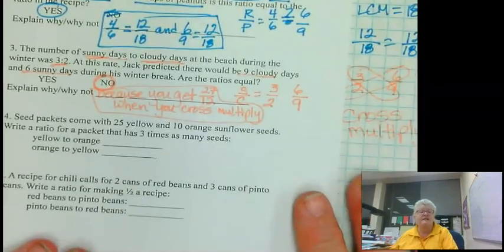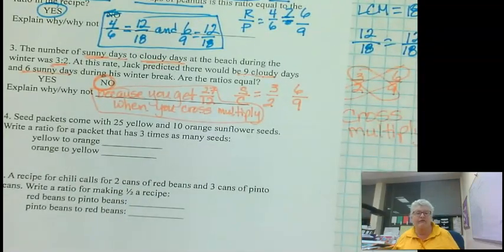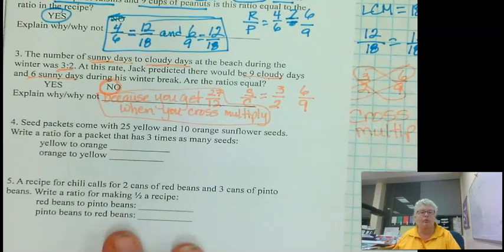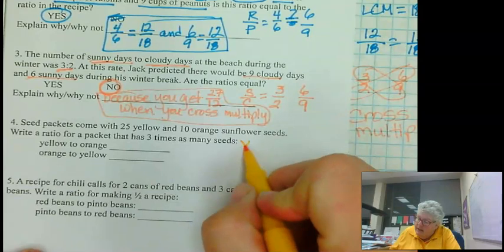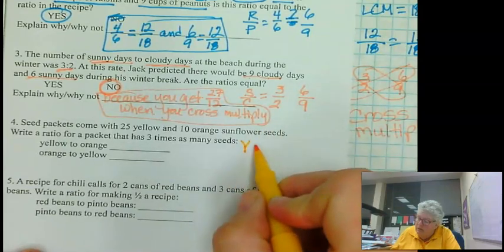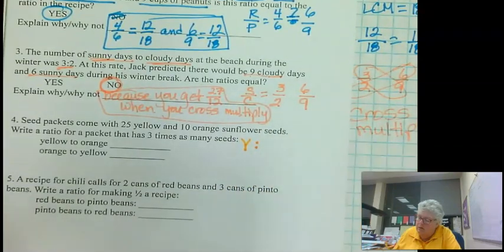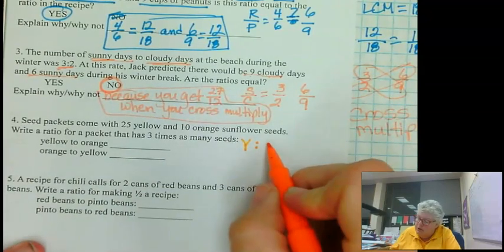This next one says seed packets come with 25 yellow and 10 orange sunflower seeds. Write a ratio for a packet that has 3 times as many. Well, we're looking at yellow to orange.